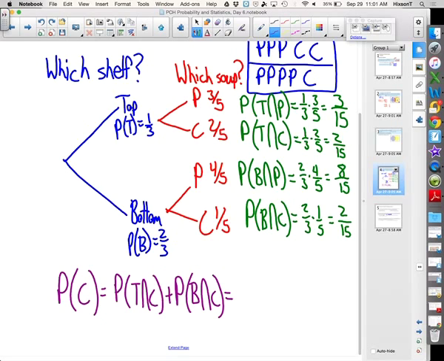Okay? Notice we already figured out what both of those were. Top shelf and chicken is 2/15. The bottom shelf and chicken is 2/15. So total, we have a 4/15 chance of getting a can of chicken soup.